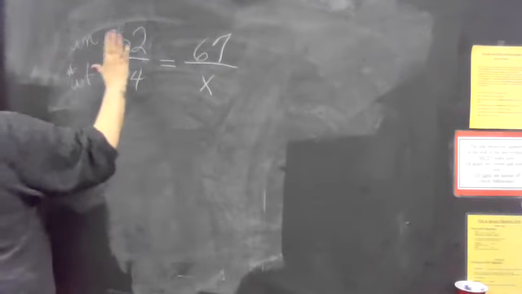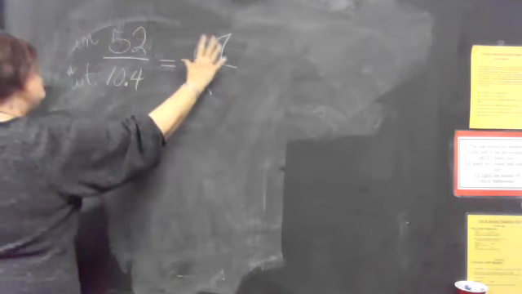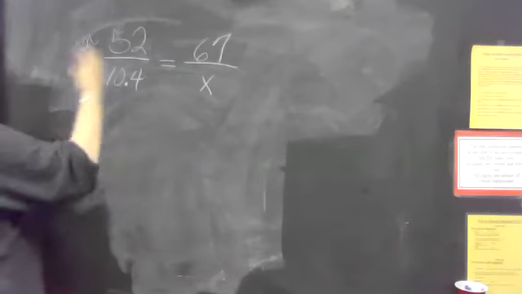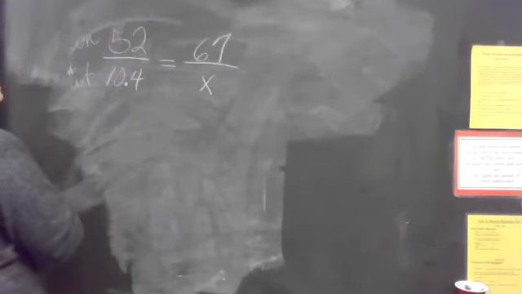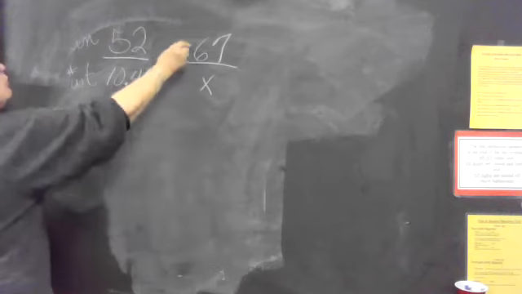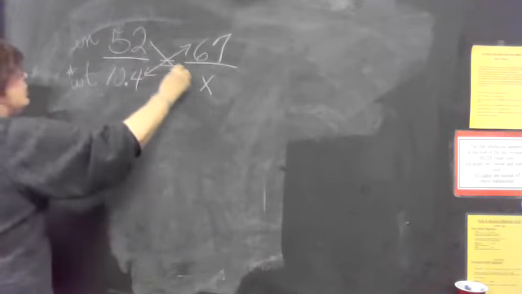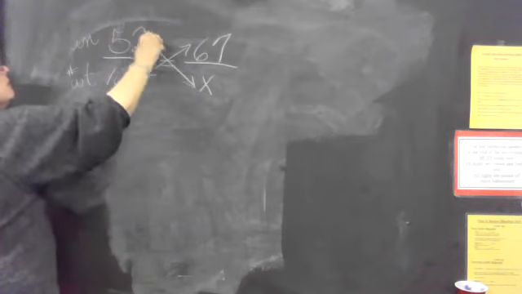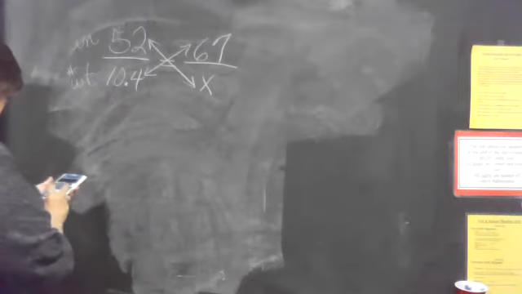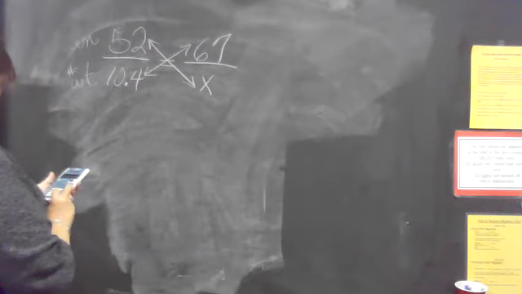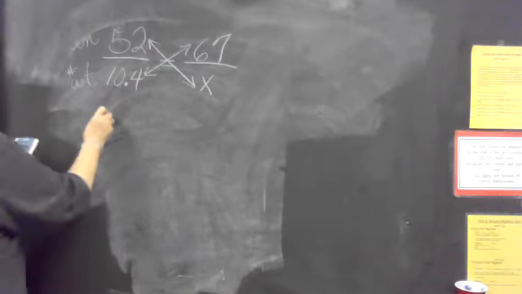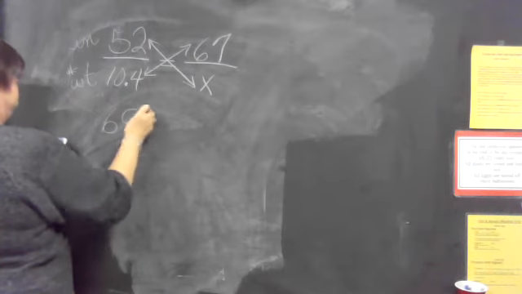Now we use our rule for proportions. A proportion is one fraction equal to one fraction, okay? So this is a proportion. We can work it as a proportion. So we're going to multiply here, and that has to be equal to what we get here. So 67 times 10.4 is 696.